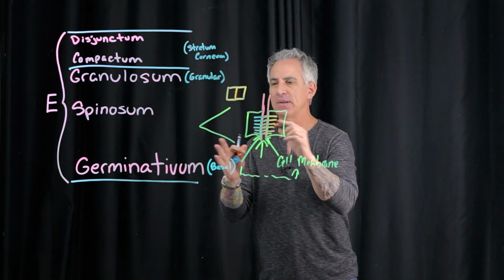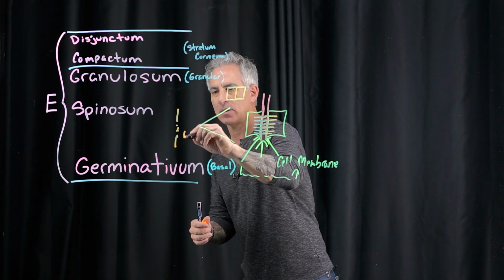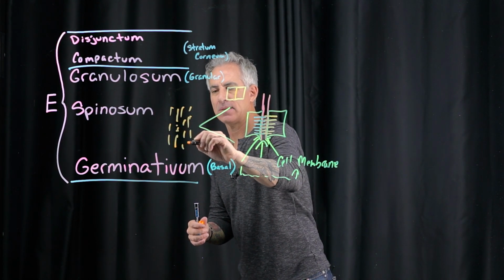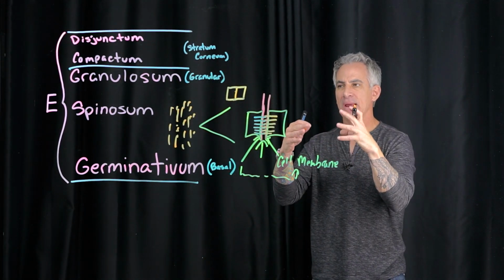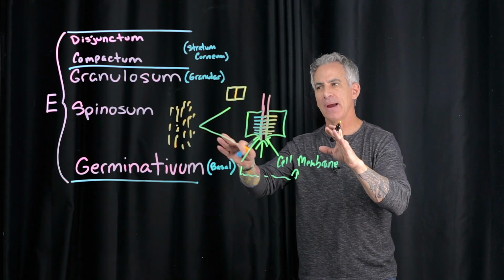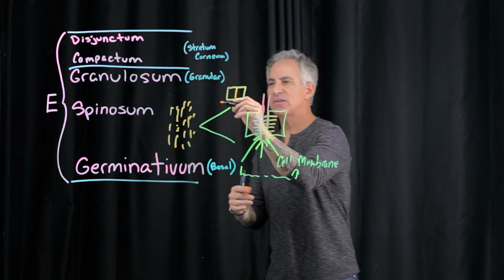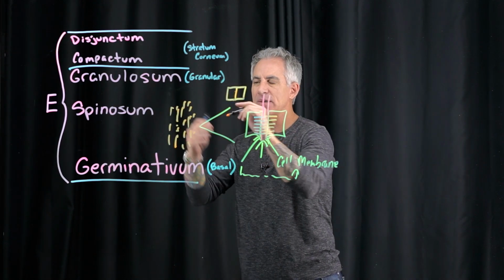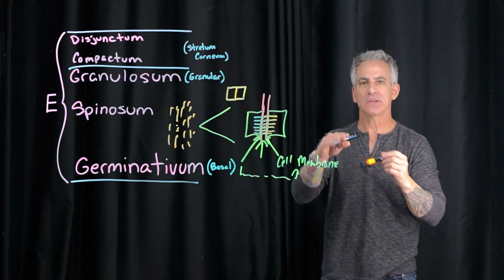If you've ever heard of filaments, I'm going to draw them right here. They basically look like this, and they're compact and they're throughout the whole entire epidermis. What the filaments start to do, and this is something I need to discuss later, is they start to align and become stratified with the stratum corneum.